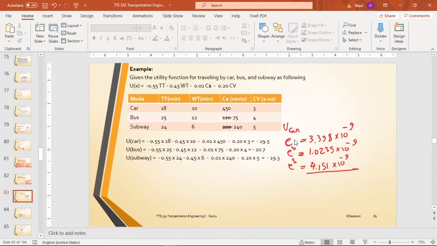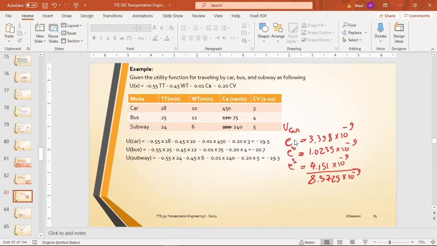The sum of all of these is basically 4.151 plus 1.0235 plus 3.398 and all to the power minus 9. So here it's going to be 8.5725 multiplied by 10 to the power minus 9.